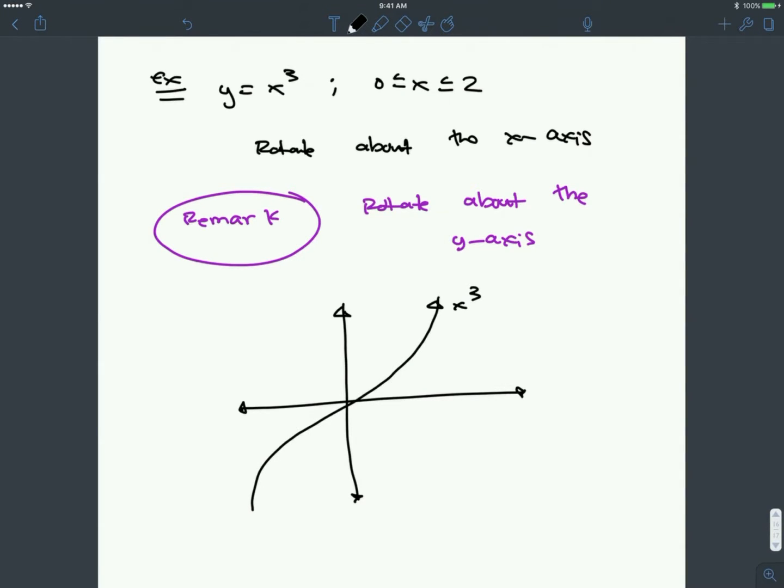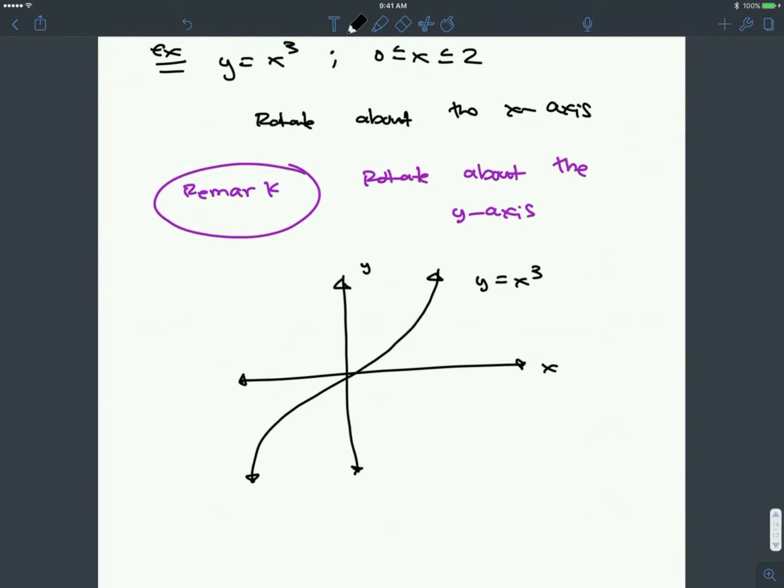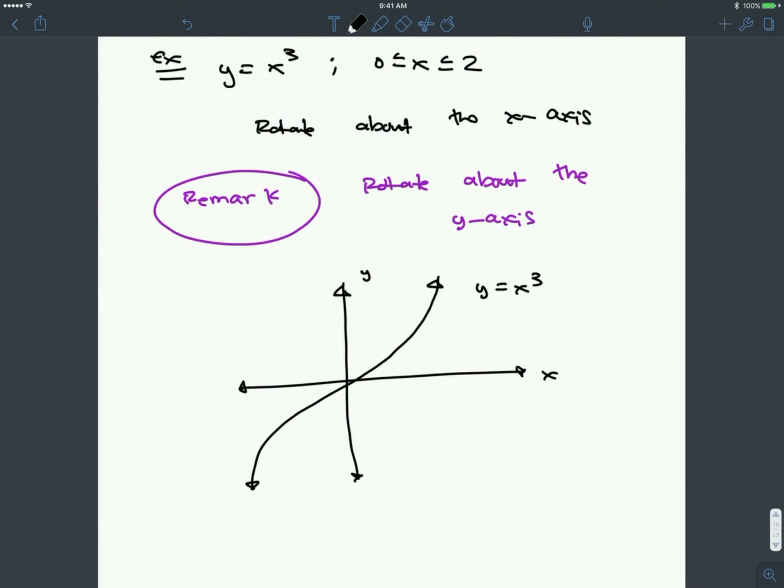Here's a curve x cubed, x-axis, y-axis. So let's look at it this way. We have y equals x cubed. Now these problems are very specially chosen, so we're not going to do this problem again. But what we're going to do here, we're going to rotate this about the y-axis.